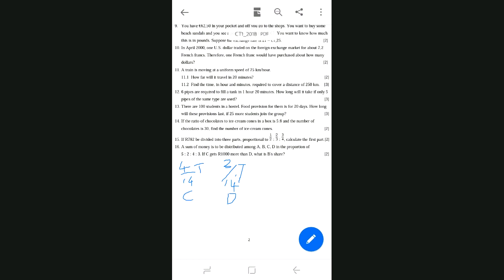That means that C gets 1,000 more than D. That should tell you that if C's share is 4 over 14 T, D share, which is 3 over 14 T, plus 1,000.